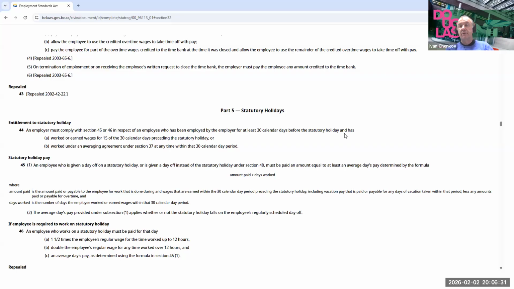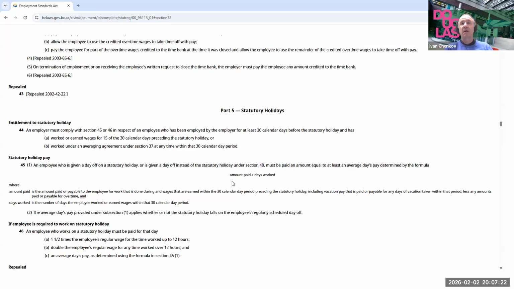let's go with a real example. You're starting work on February 2nd, today, Monday. Now, February 16 is the statutory holiday. The way I see it, the way they're reading the act, the employer has two options here. Either he is going to pay you the full wage for Family Day on the 16th, or he is going to apply the BC Employment Standards Act.